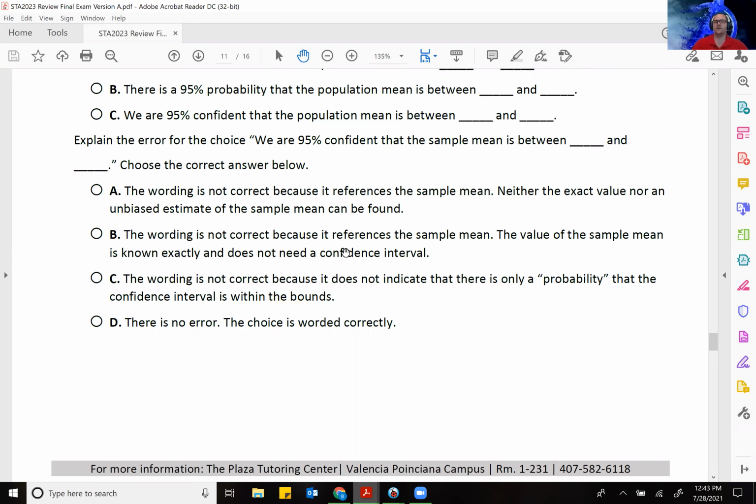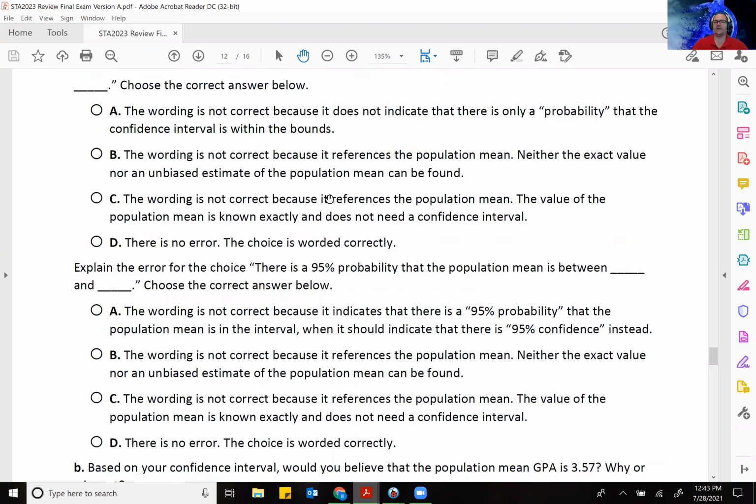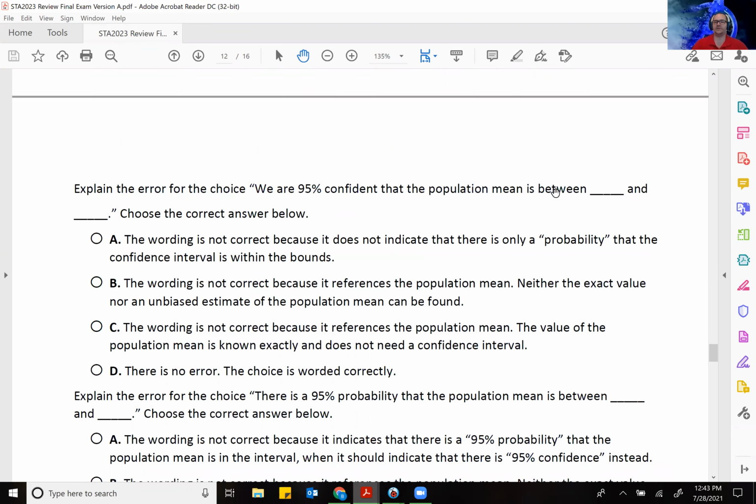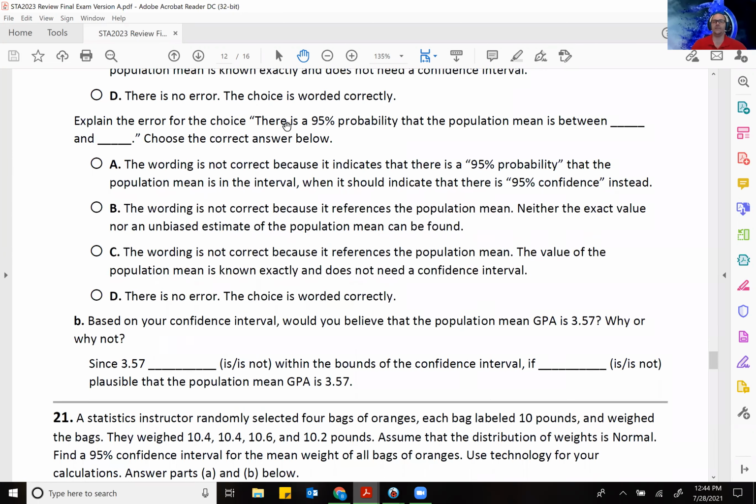The second one, 95% confident that the population mean is between blank and blank, there's nothing wrong with this one. That's why we chose D. And the very last one, 95% probability, that's the problem right there. They call it a probability. It's not a probability. It's a confidence.